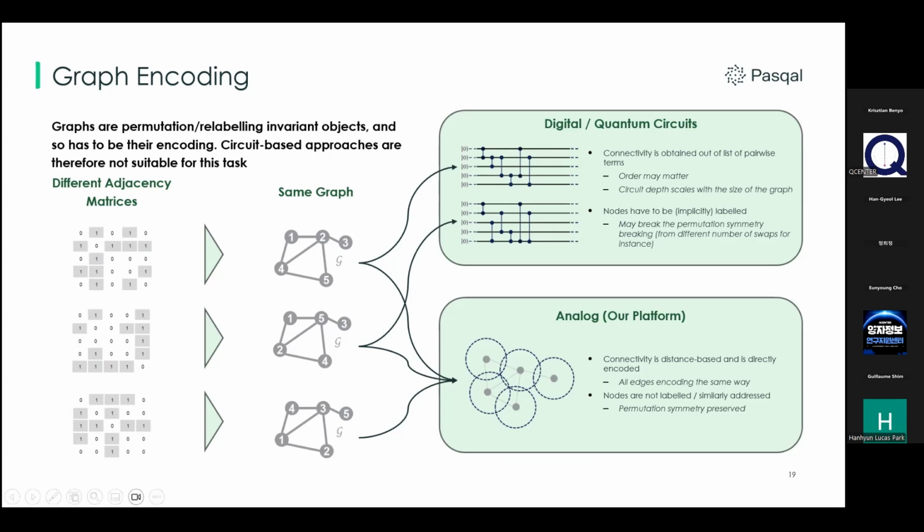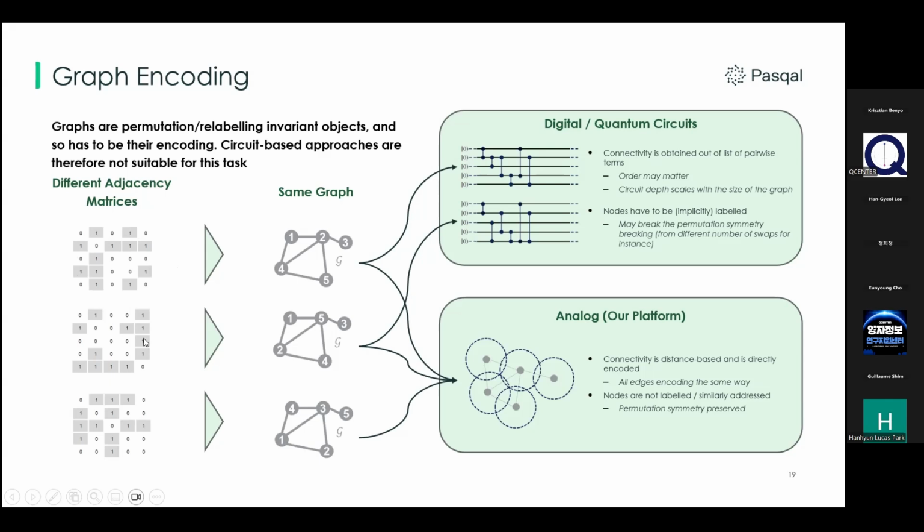So what you can see here as an example is I have the same graph 3 times, but I have indexed the nodes in 3 different ways. And due to this, the associated adjacency matrix is different.